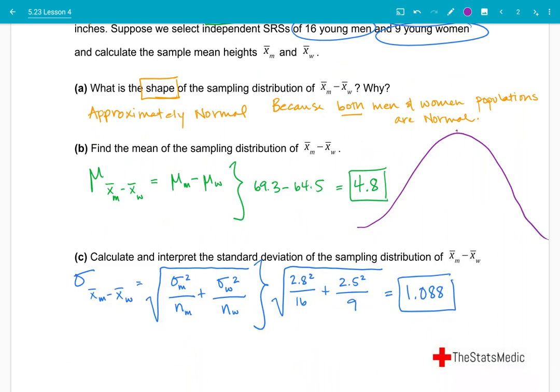Our mean would be at 4.8, and if it's approximately normal, it should span out to about 3 standard deviations above and below the mean. So this should be 5.8. We'll make that 1.1, so we'll call it 5.9.